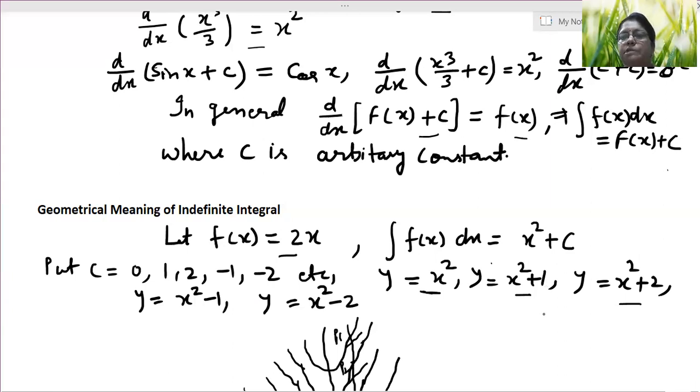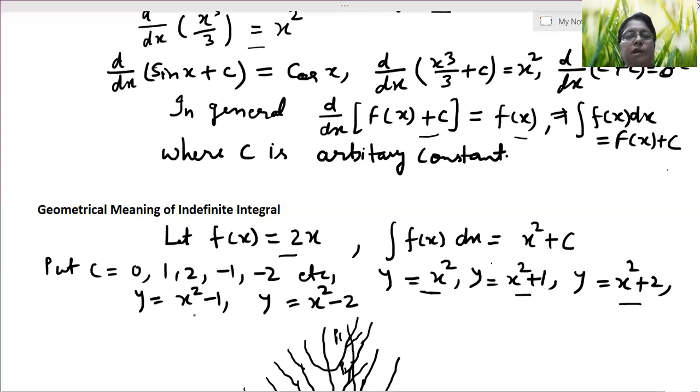Similarly, x square plus 1 is a parabola, again a parabola. Now the vertex is shifted towards positive y-axis at a distance of 1 unit. Okay. Similarly, x square plus 2 is a parabola. Now the vertex is shifted towards positive y-axis at a distance of 2.